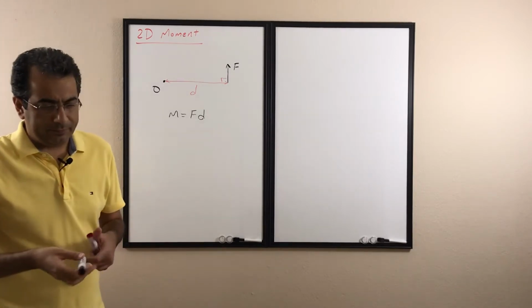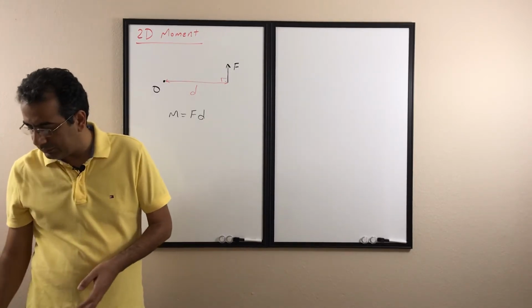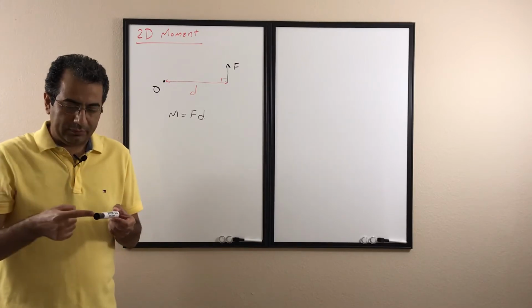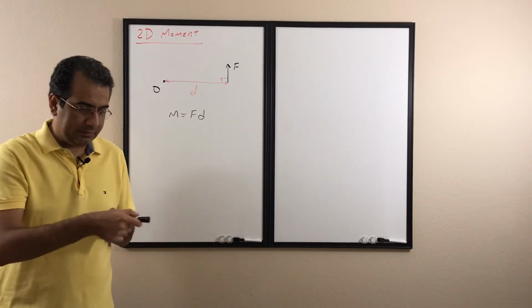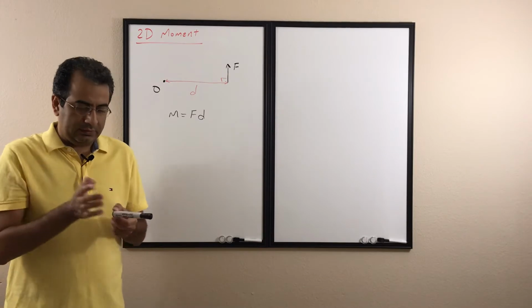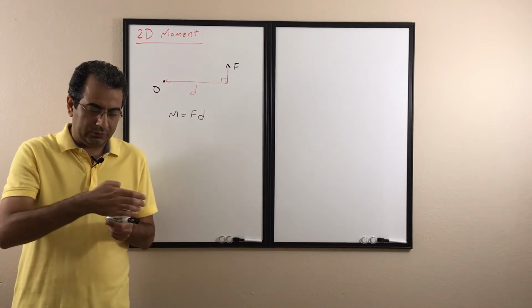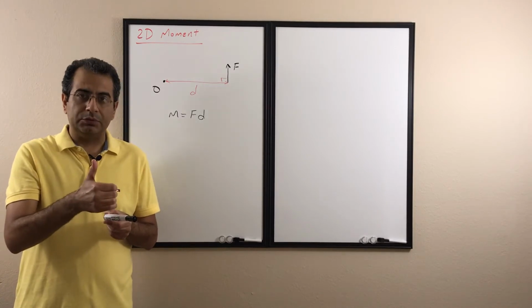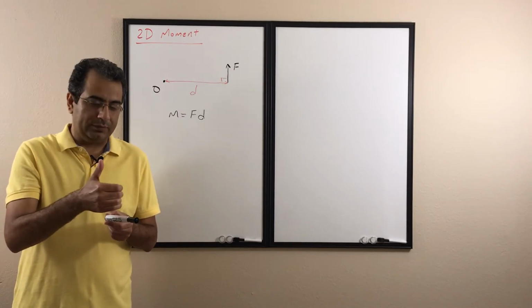So if I assume again the marker, apply a force on that and it rotates like this, I put my forefinger and curl it toward the direction of the rotation, then my thumb shows the direction of the moment, or moment vector.